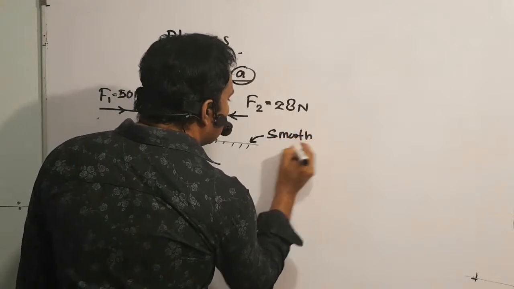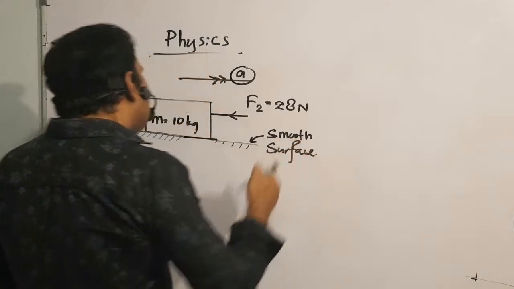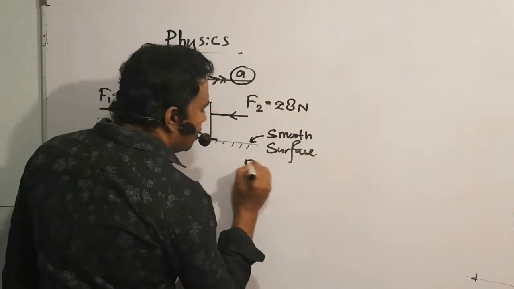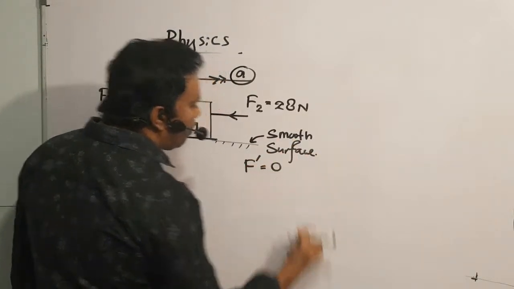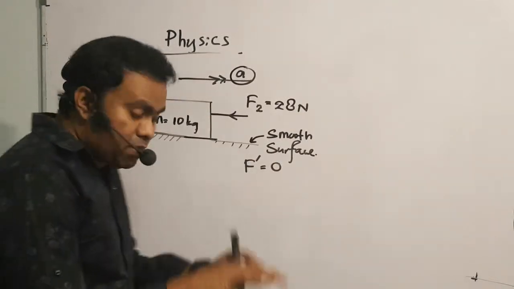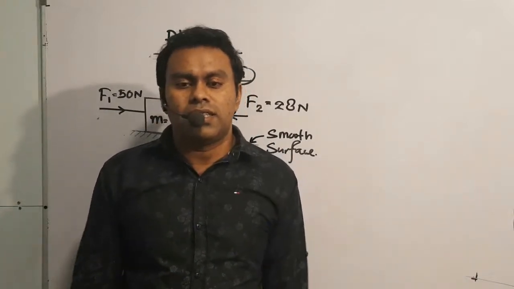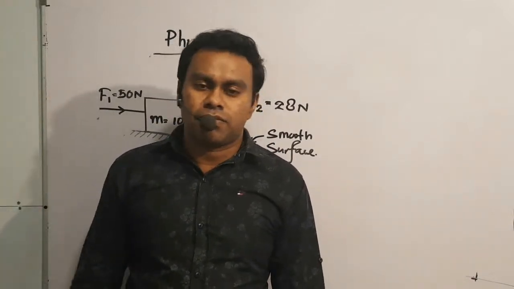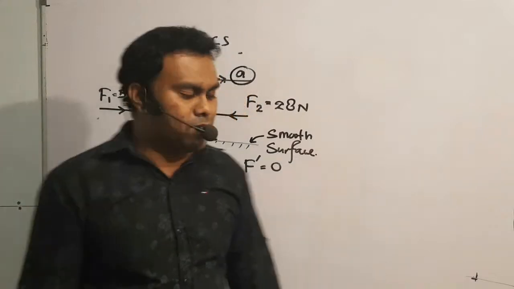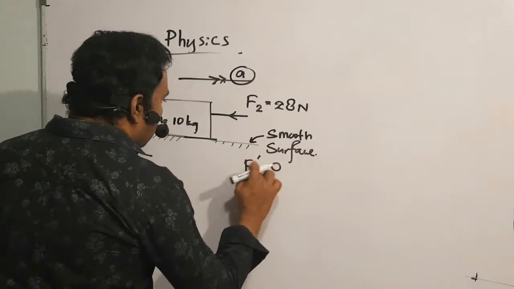If the surface is smooth, frictional force F dash is always zero. Imagine that smooth surfaces are not available on this earth, but we can consider space. Space is a smooth surface, but actually, space is not a surface.